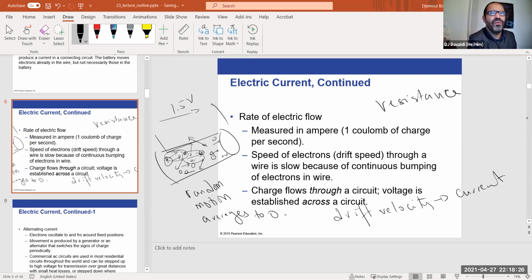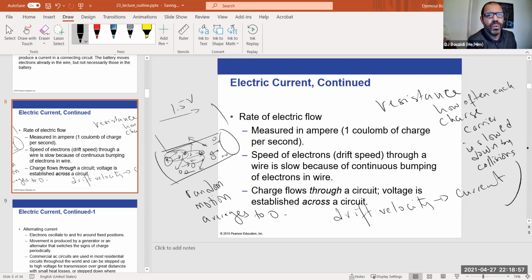So the resistance is how often each charge carrier, which is an electron for all practical purposes, is slowed down by collisions with the ions, with the atoms, okay?